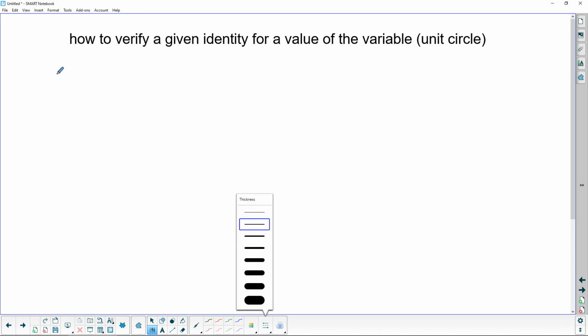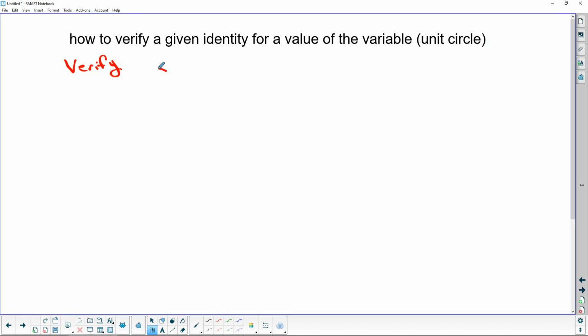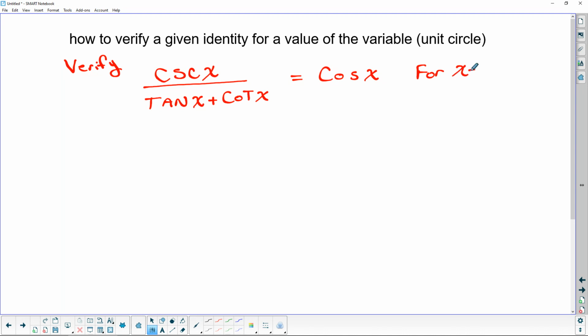So let's say that we're going to verify that cosecant x over tan x plus cotan x is equal to cosecant x, or cosine x, for x equal 60 degrees.